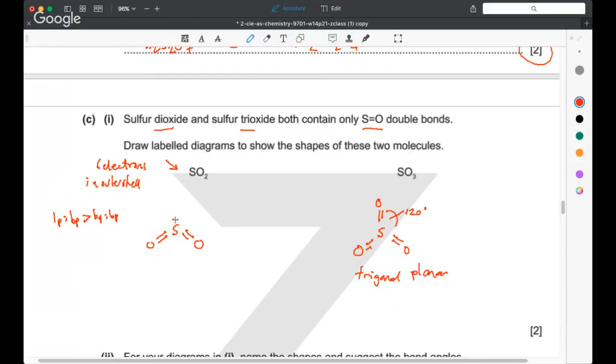And so that means that these two bond pairs here are going to be forced inwards a little bit like that.